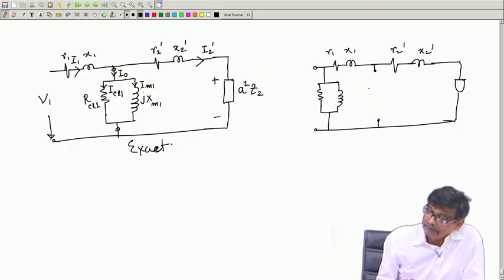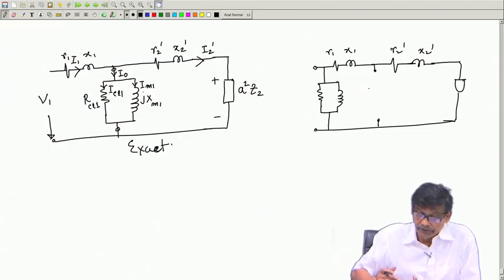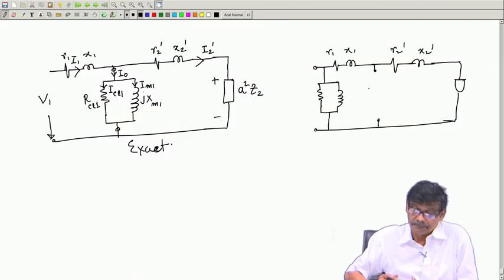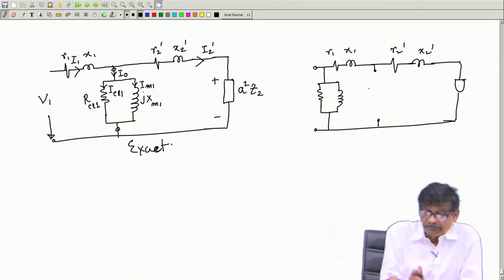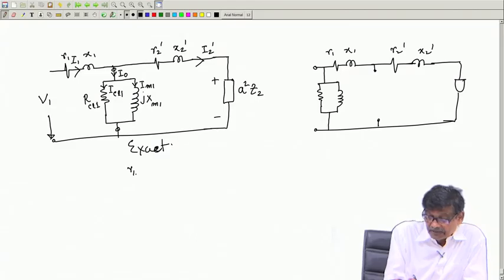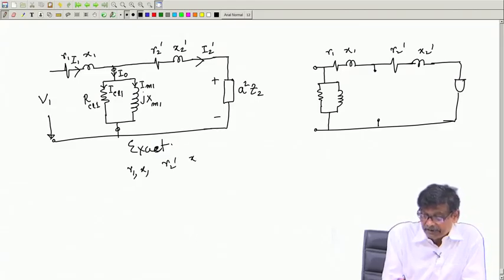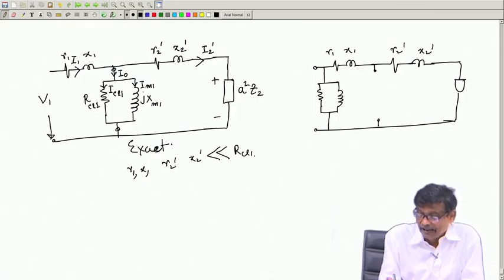And I am not doing this out of nothing, because of the fact that R 1 X 1, R 2 dashed X 2 dashed, these are all small compared to this R CL 1 and X M 1.